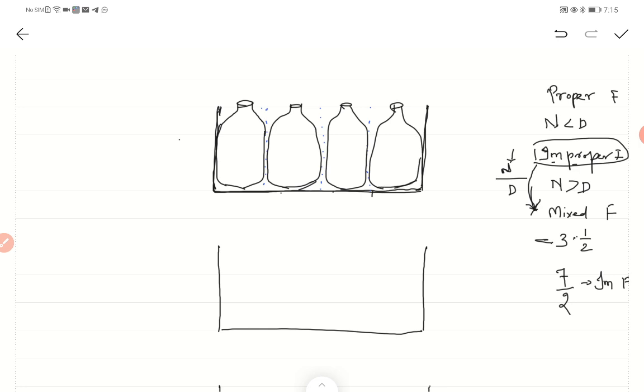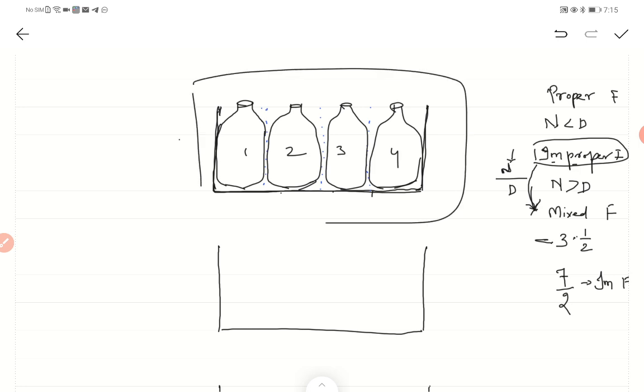When all the 4 bottles are accommodated in this, this whole will become 1. That means it is a whole, 1.